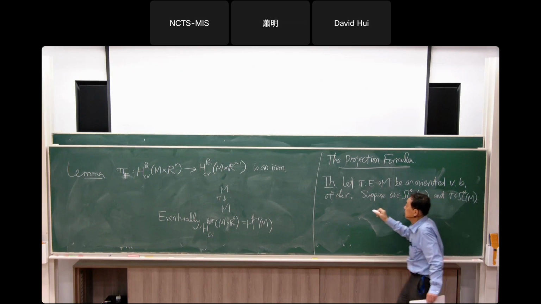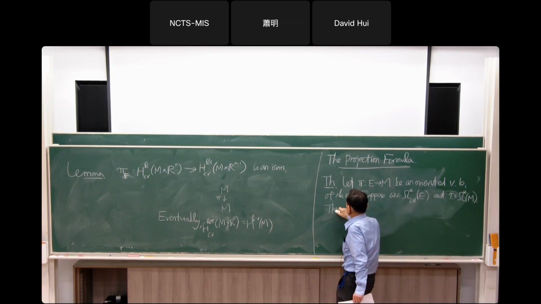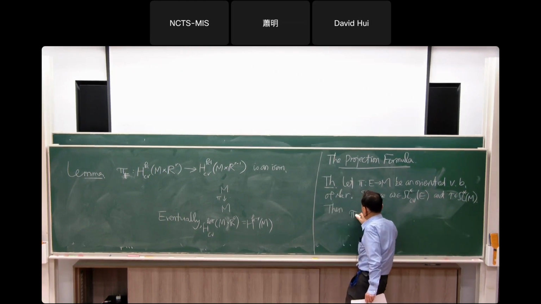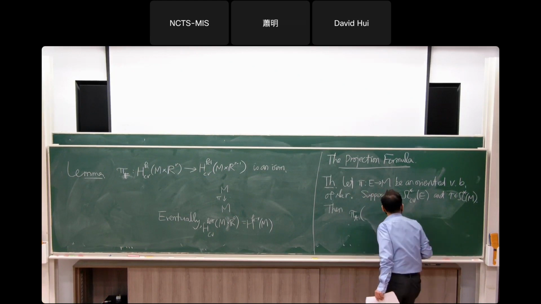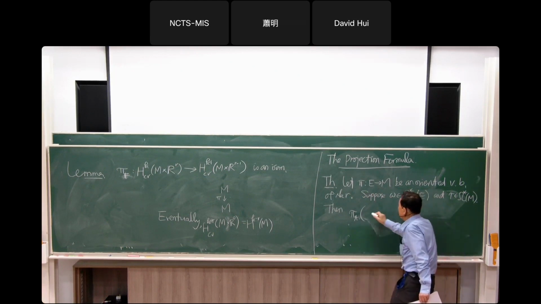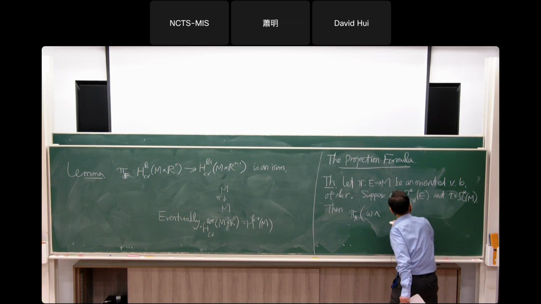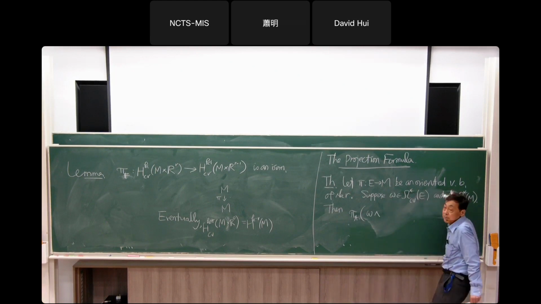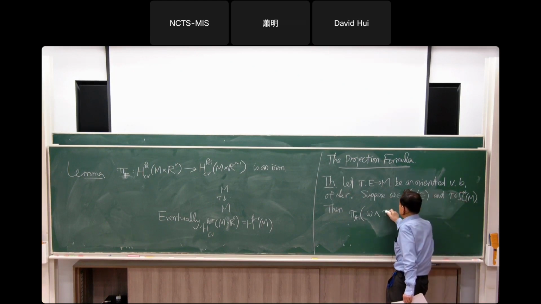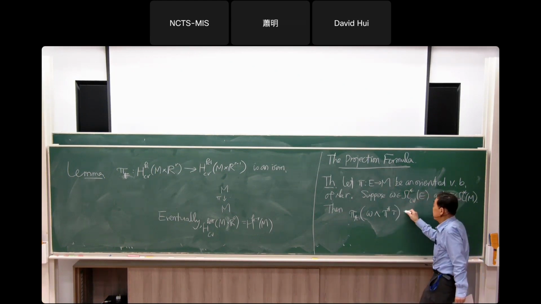Okay, then pi lower star of omega, which now you have to bring tau upstairs. So pi upper star of tau is pi lower star of omega wedge tau.